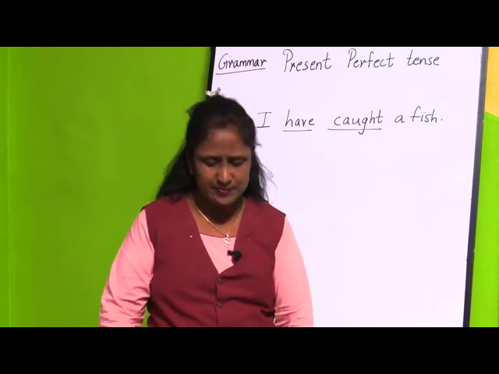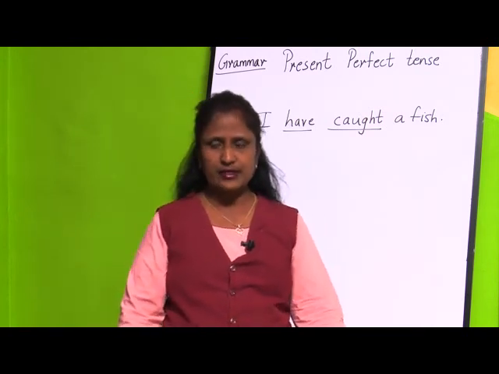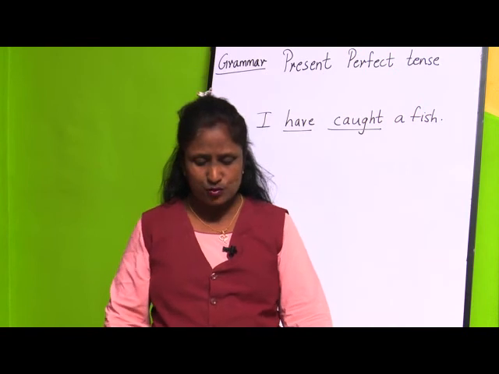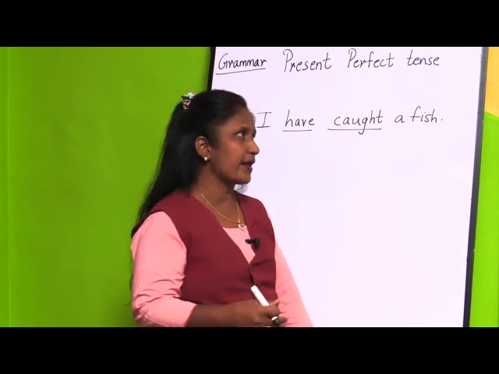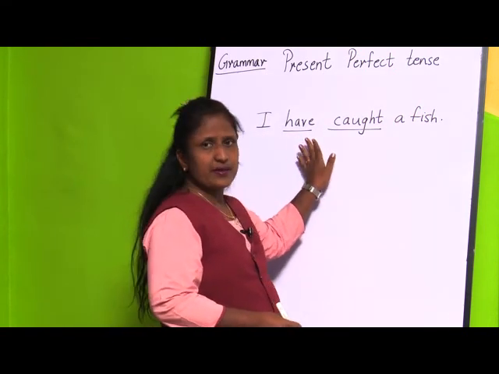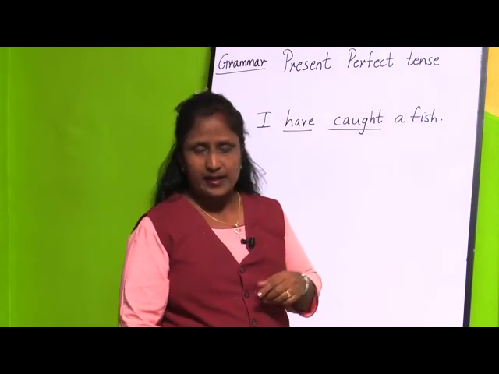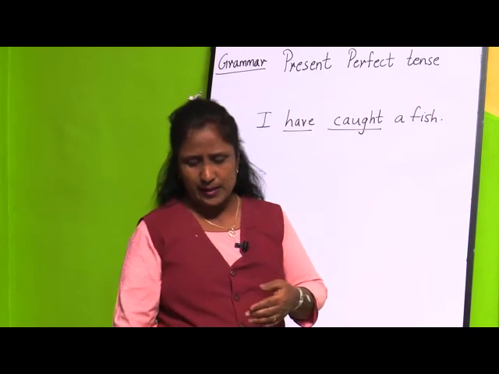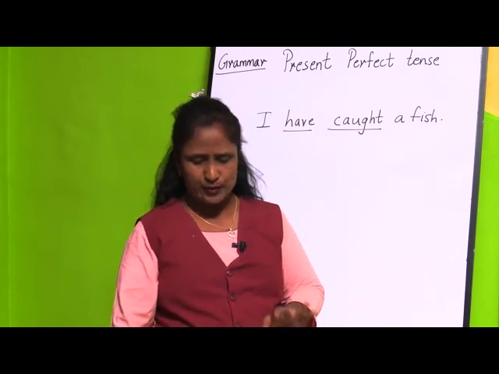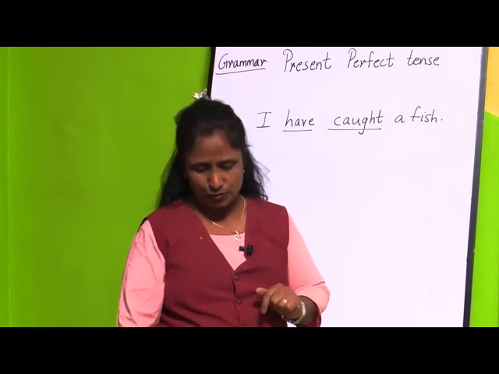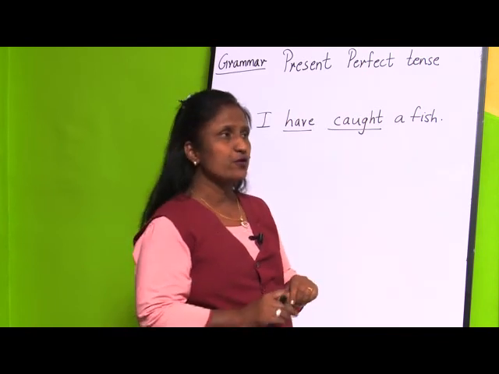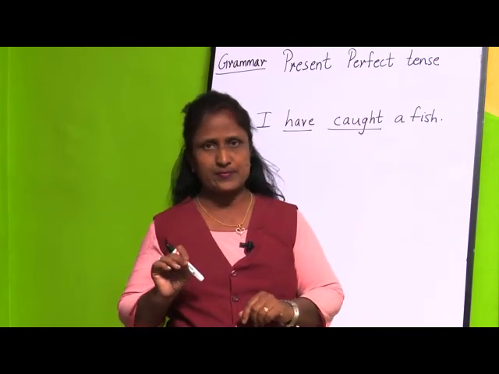Now, what is a participle? This I will tell you first. A participle is used with the verb have or has, and it creates present or past perfect tense. It is also used to modify nouns, and mostly we add ed to form the past participle.